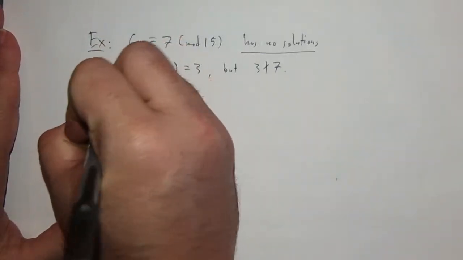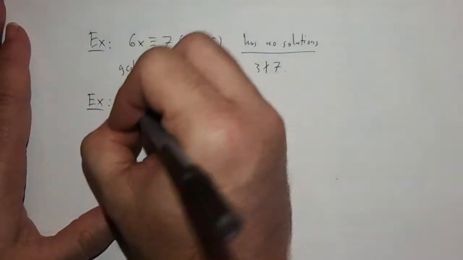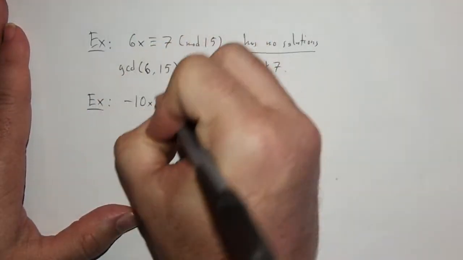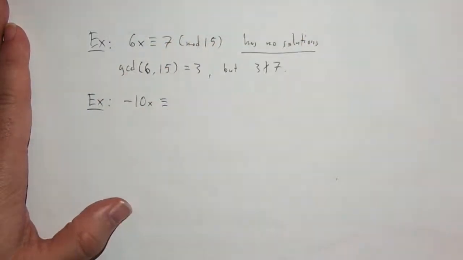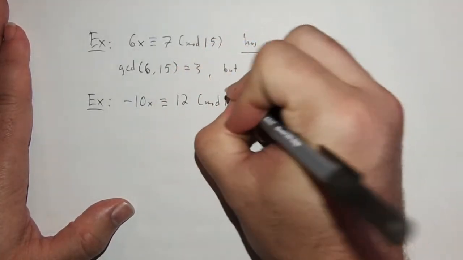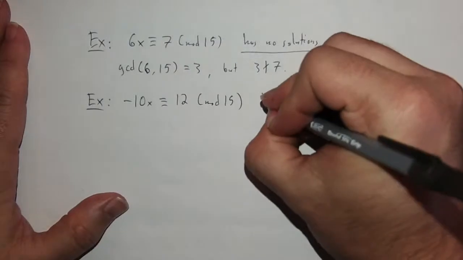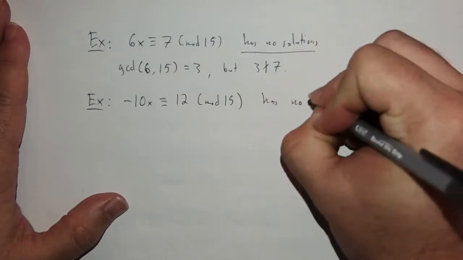All right. Next example. Minus 10x is congruent to 12 mod 15. How many solutions? Well, again, this has no solutions.